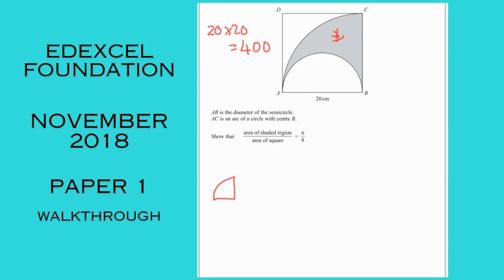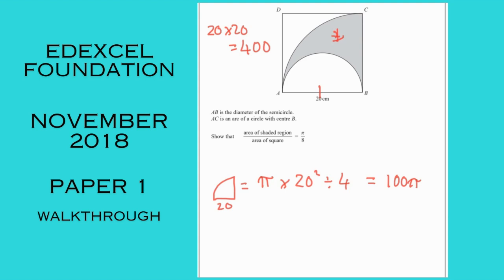Let's ignore the cutout. It's pi, the radius is 20. That's the distance from the centre of it to the circumference. So it's 20 squared, which we actually already know is 400, but it's a quarter circle. 20 squared is 400 divided by 4, that's 100, with a pi on the end.